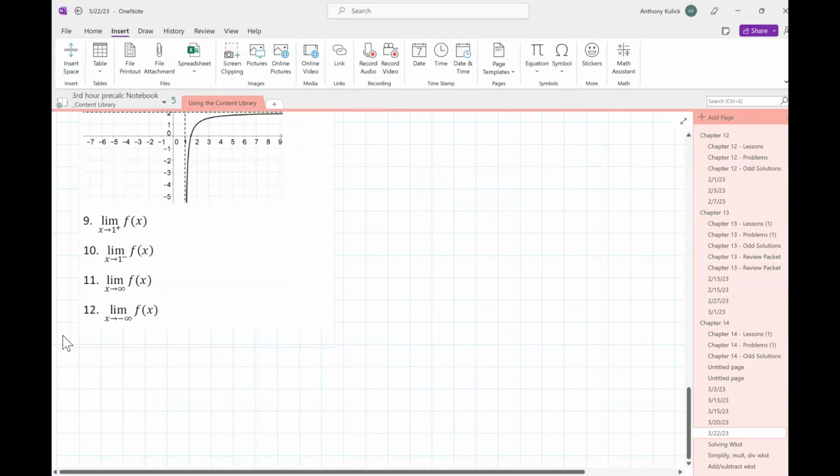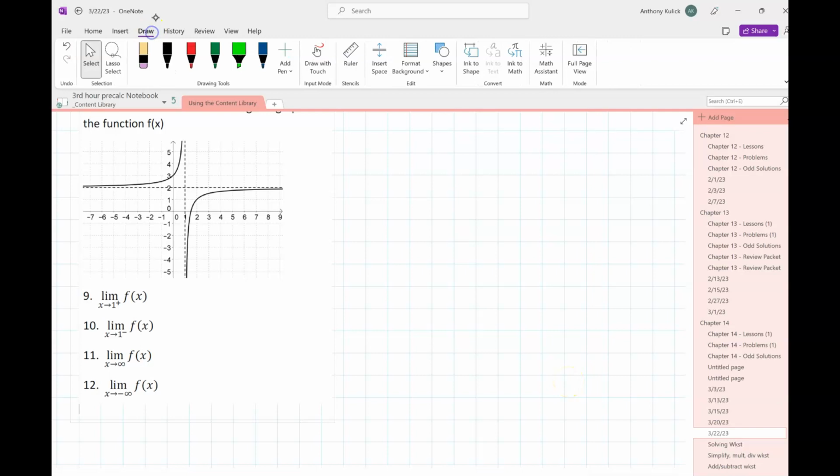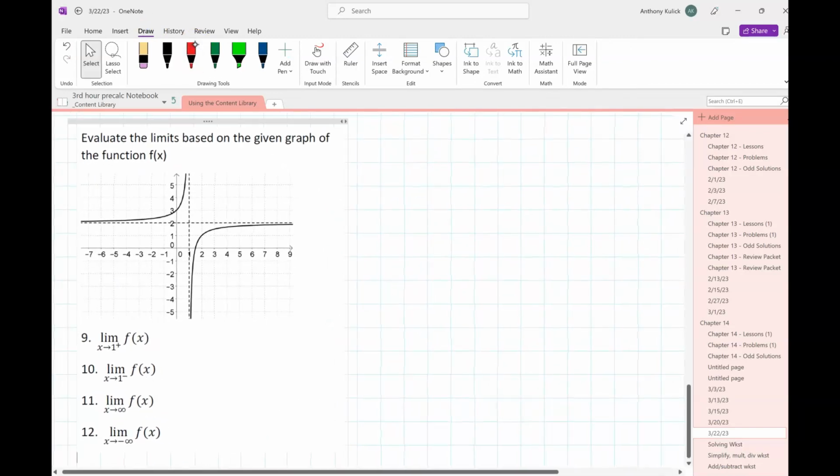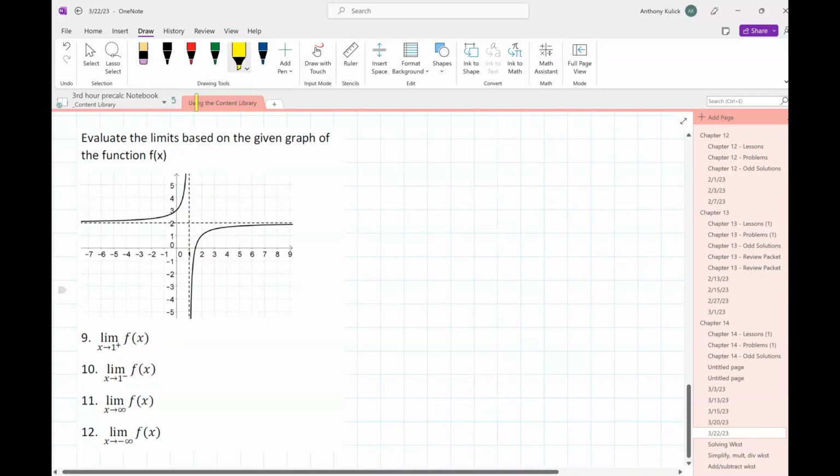So I'm not going to be doing any math, like any calculation to do this. I'm just going to be kind of looking at the picture. The limit as x approaches 1 with the plus sign is talking about the right side of x equals 1.